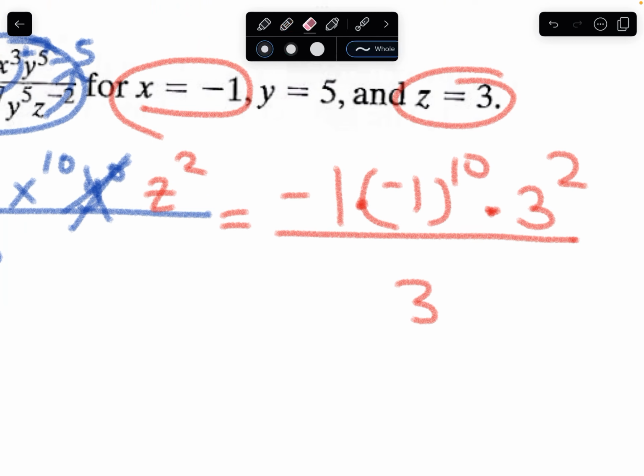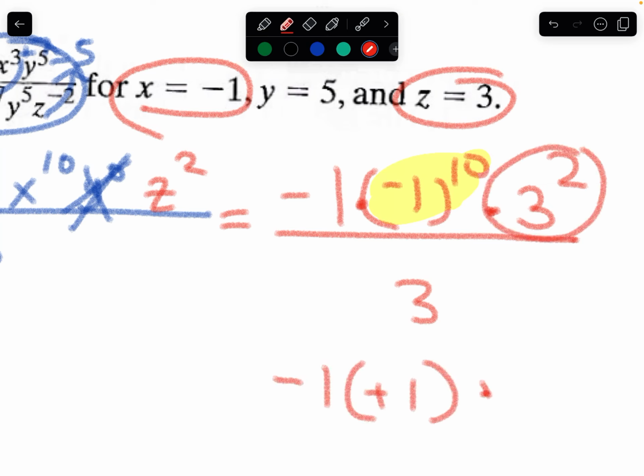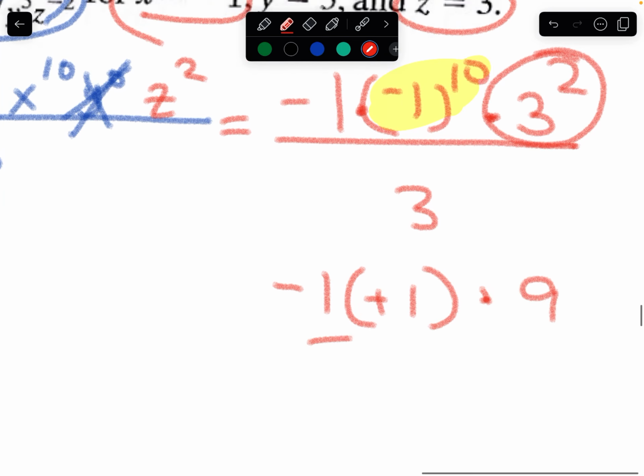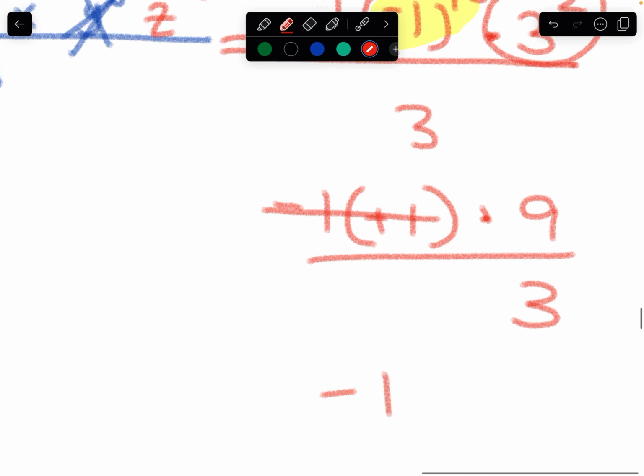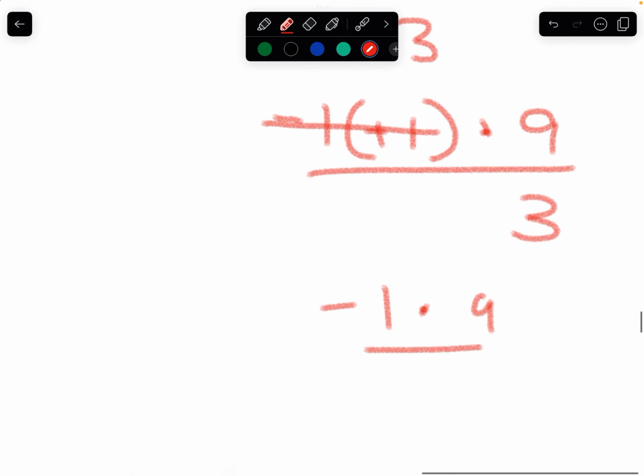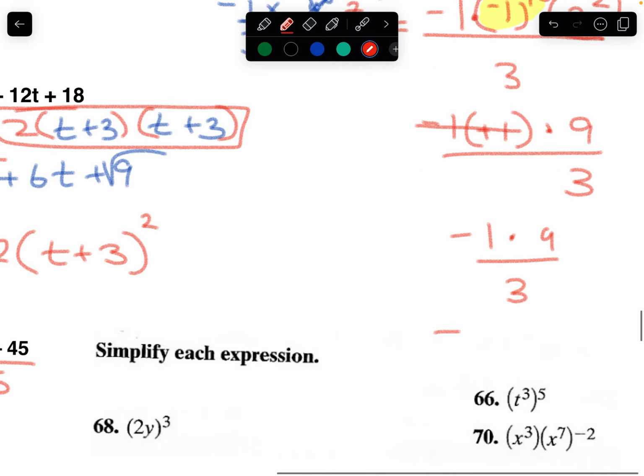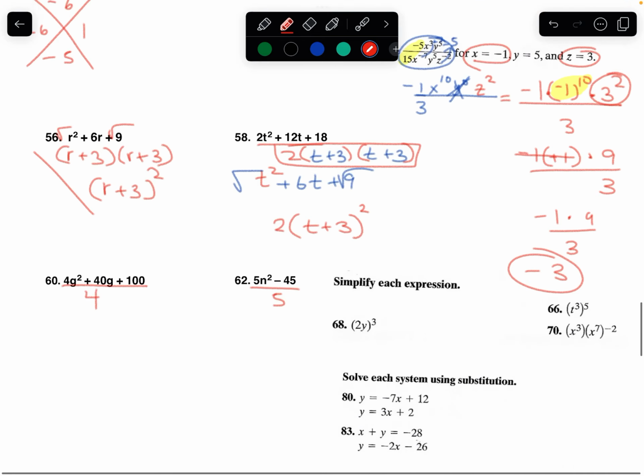You do order of operations, exponent first. This to the 10th power is a +1. -1 times a +1 times, this is a 9. Divide that by 3. So this is a -1 times 9. Divide by 3 is a -3.